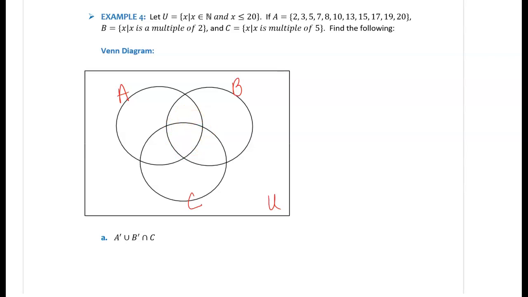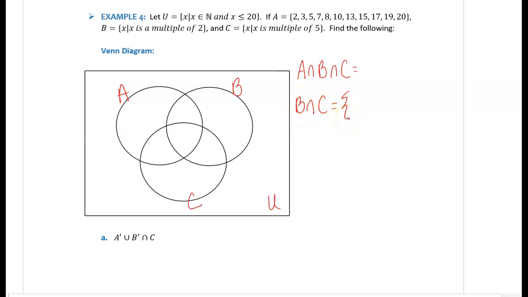So we need to find A intersected with B intersected with C. Now it would be easier first to find the intersection of 2 sets. It does not matter if you start with the intersection of A and B, or A and C, or B and C. The choice is yours. I'm going to find the intersection first of B and C.